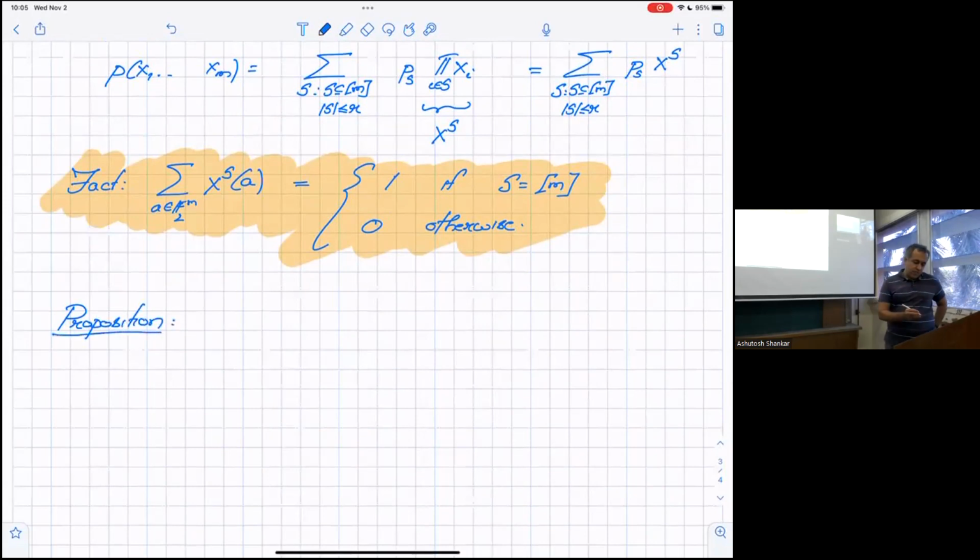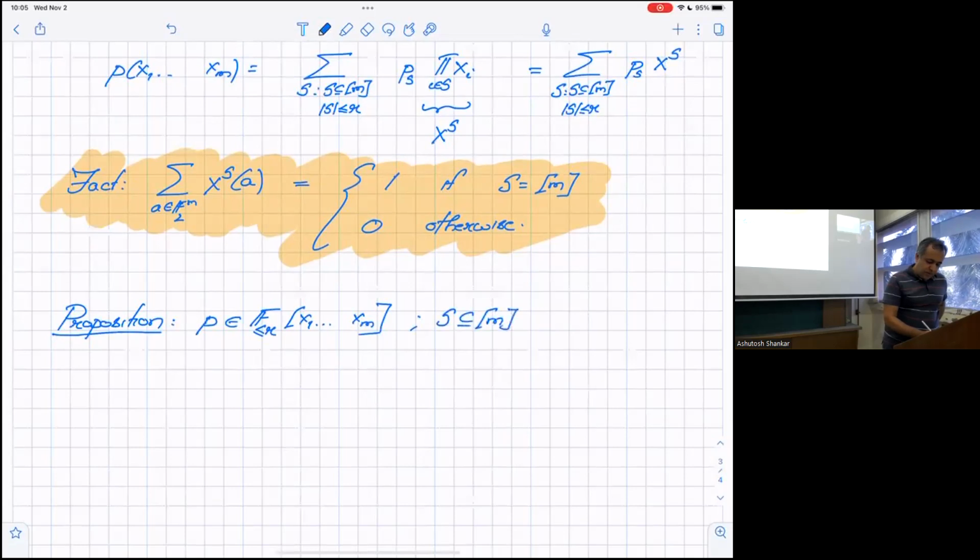Let P be some polynomial of degree at most R, but over n variables. And S is some subset of m, and S is of size R. So S corresponds to a particular monomial.